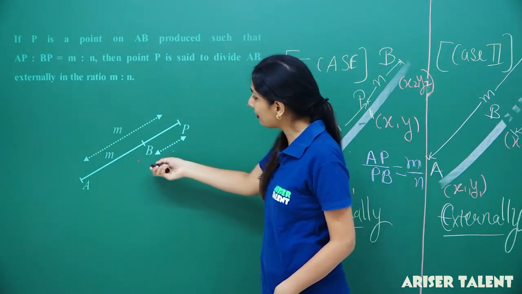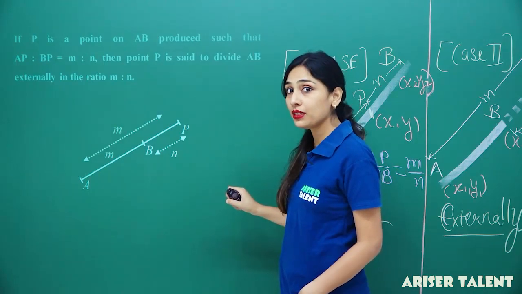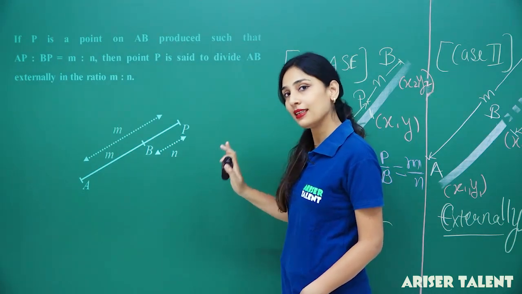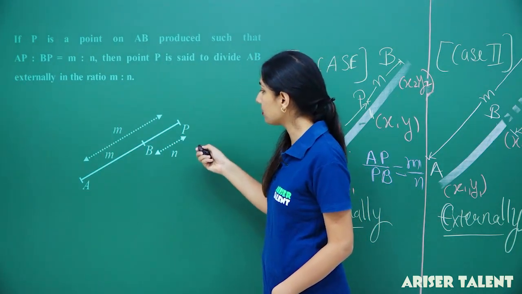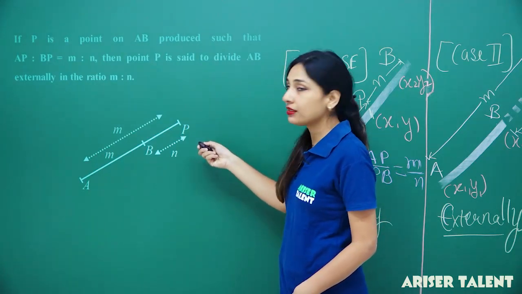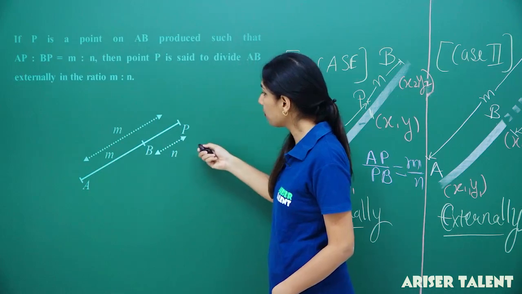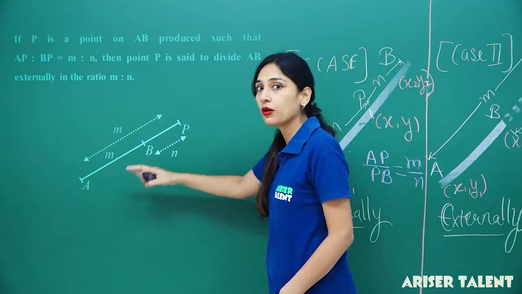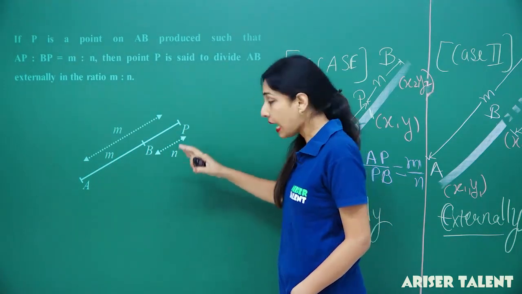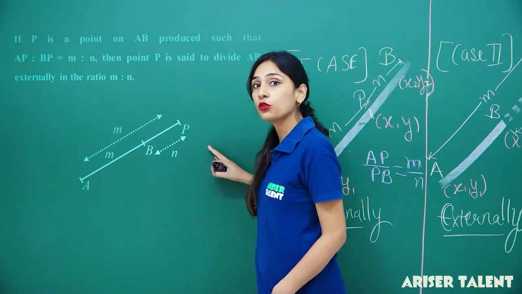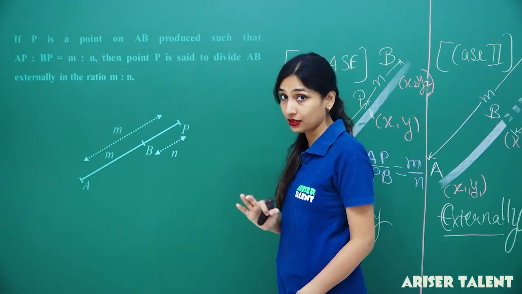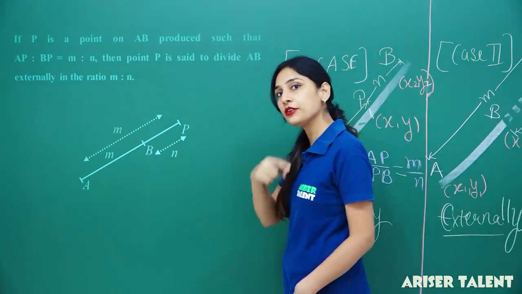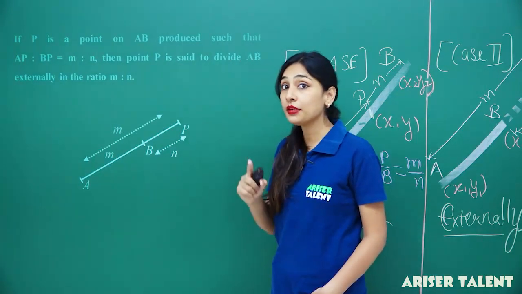So this outsider lies in the extension of AB, and we name it P. Now the distance from B to P is N, and the distance of the first point from P is M, and the distance from the second point to this point is N. Again, they are externally divided in the same ratio, M to N.